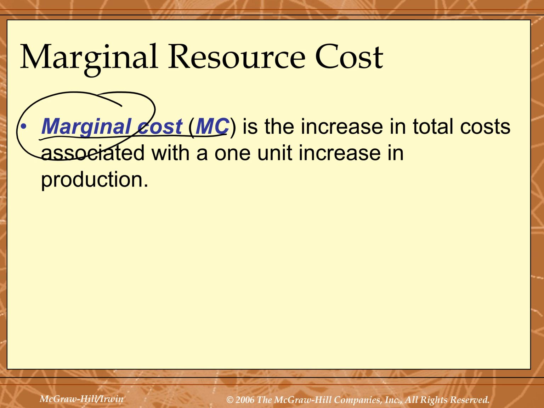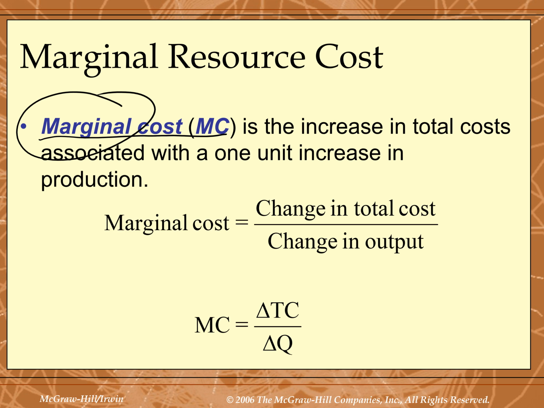That change in cost is the marginal cost for the last worker hired, or the change in cost for the last unit produced. And that's simply the change, delta, in total cost over the change, delta again, in output.